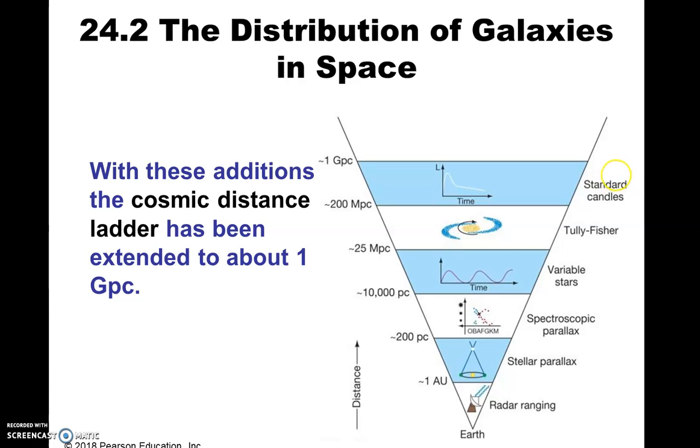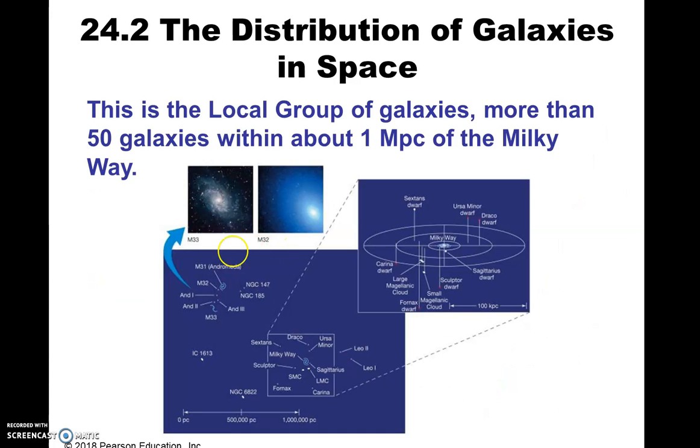Also, if that galaxy is close enough and we can see Cepheid variables, then we can use that method to find the distance. So you can use this overlap to check yourself, or to check the work, which is really important in astronomy. You have to be able to verify that there is some overlap, and it gives you confidence in the next rung of the ladder.